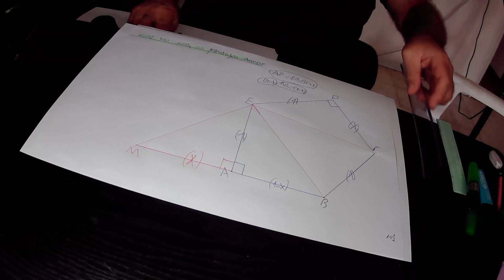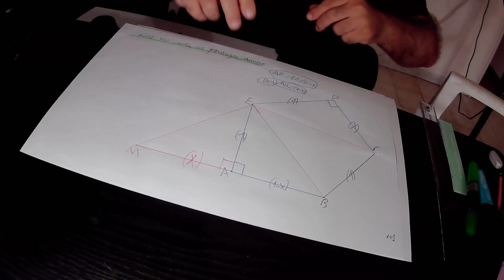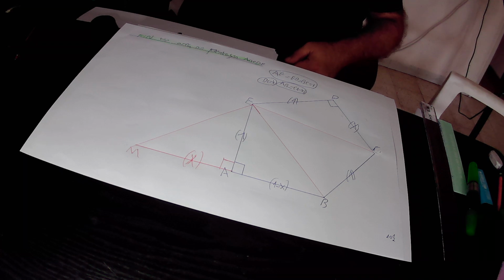So why are those two right triangles congruent?